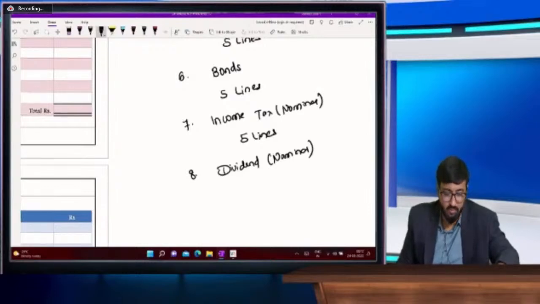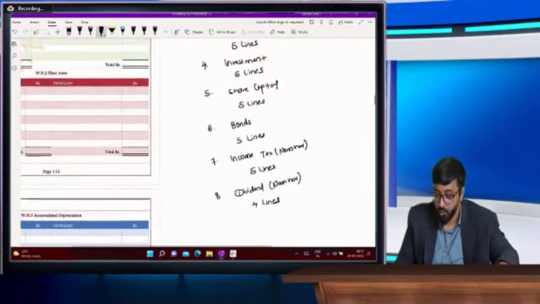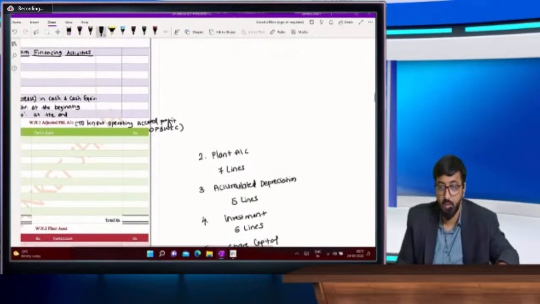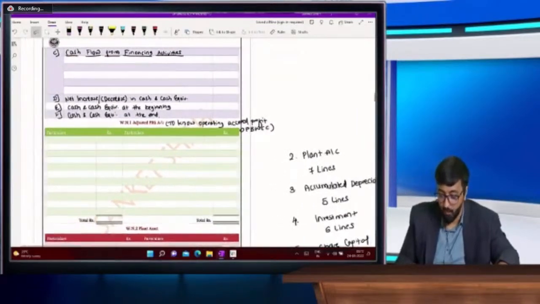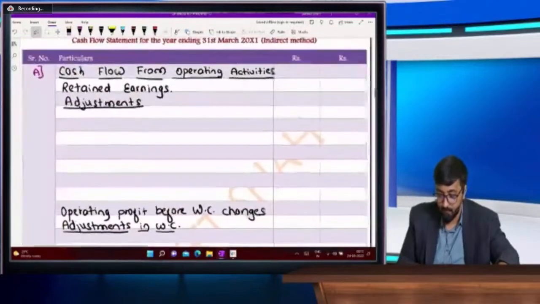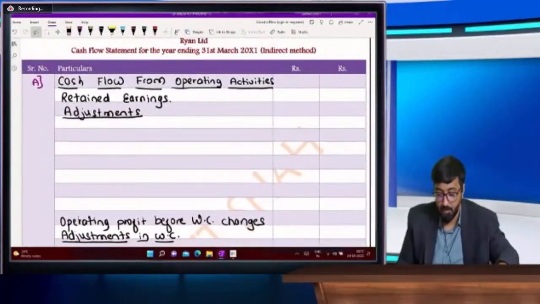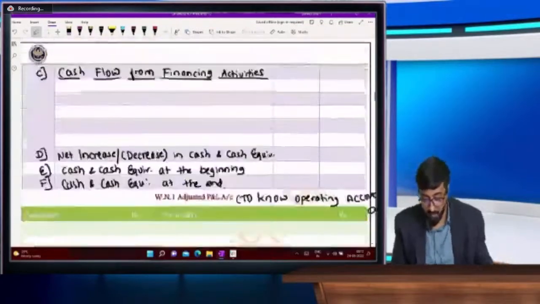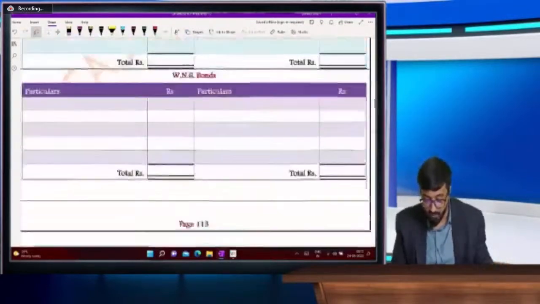Dividend account, only 4 lines. Draw properly all 8 accounts. All 8 accounts draw properly. And tell me over after drawing the format.